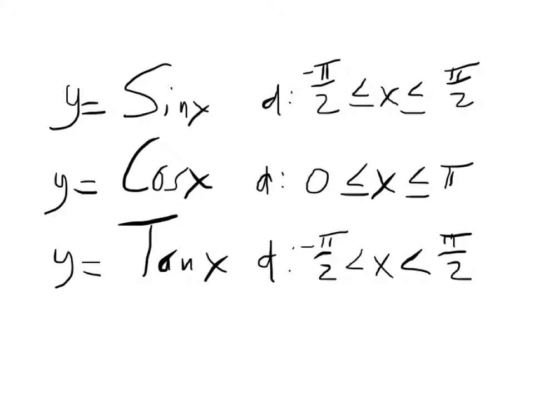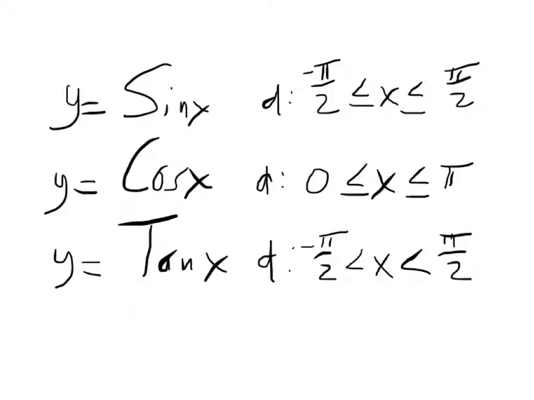For our cosine function, we went from 0 to pi, so we had all y outputs from 1 to negative 1. And the tangent function, remember, has asymptotes at negative pi over 2 and pi over 2. Those are not included in my domain here. I run from negative pi over 2 to pi over 2 exclusive.